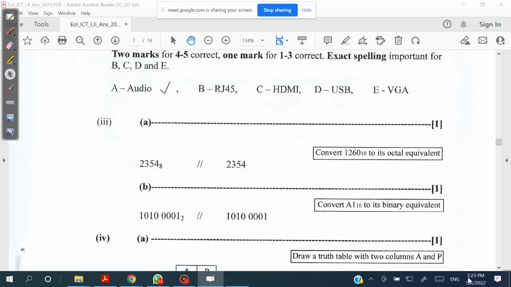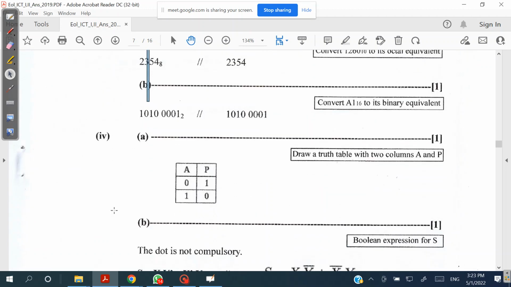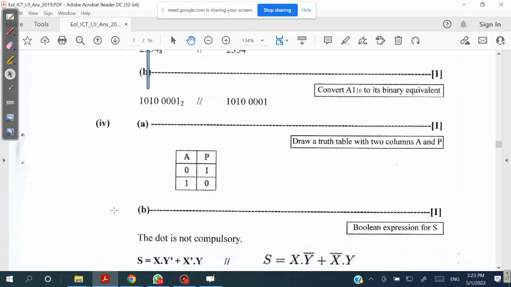All right, so in the marking scheme, they have given you 1 mark for this particular derivation of the truth table.